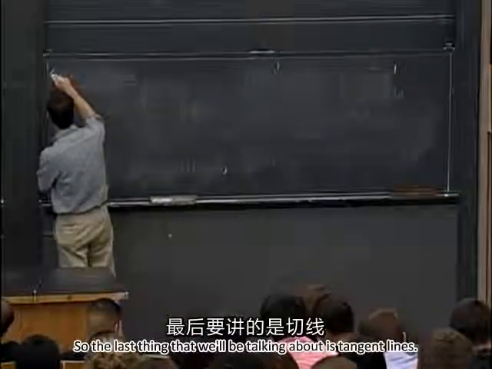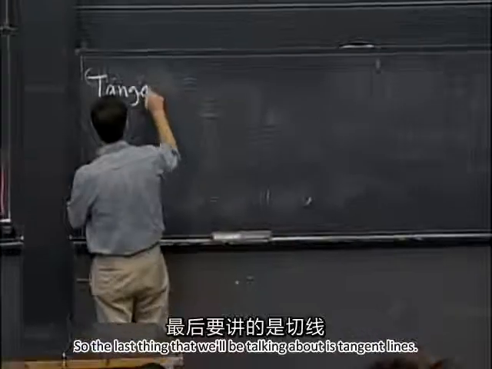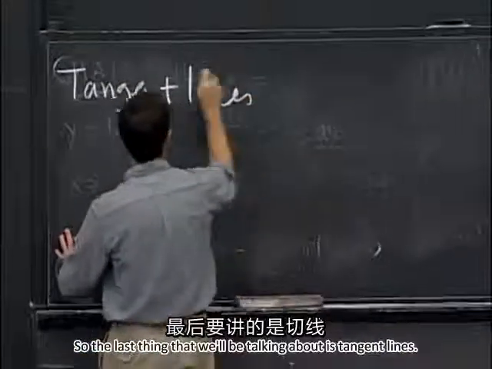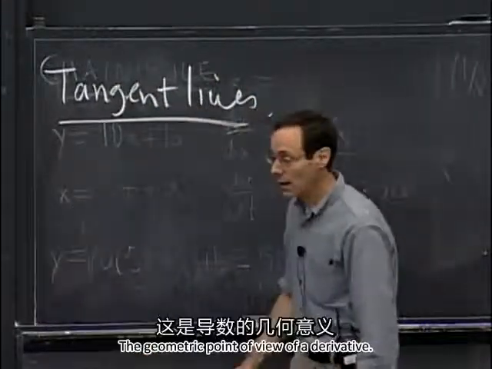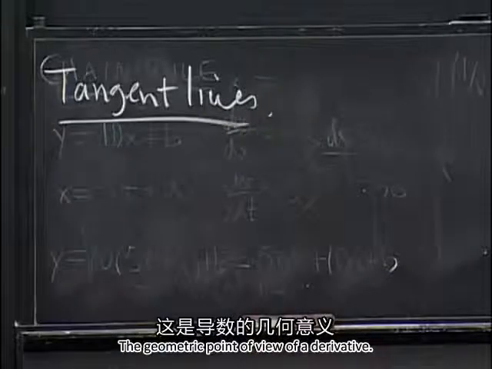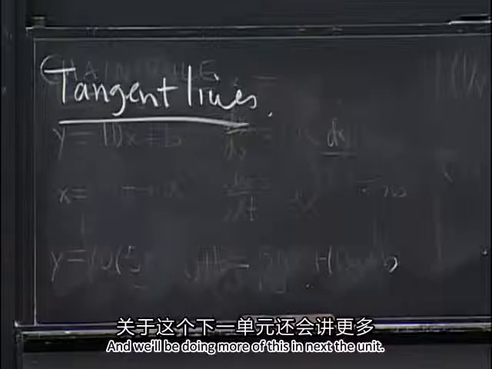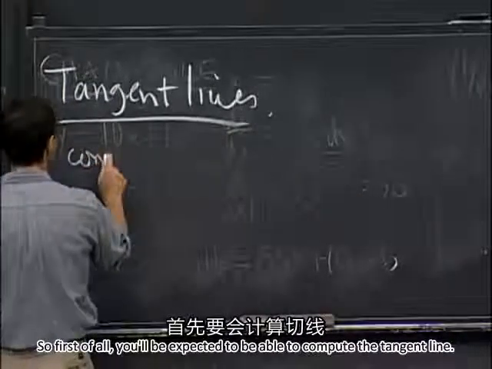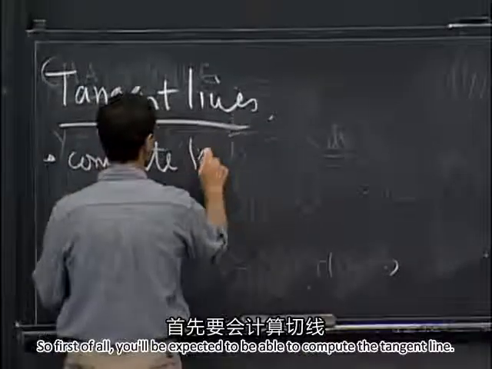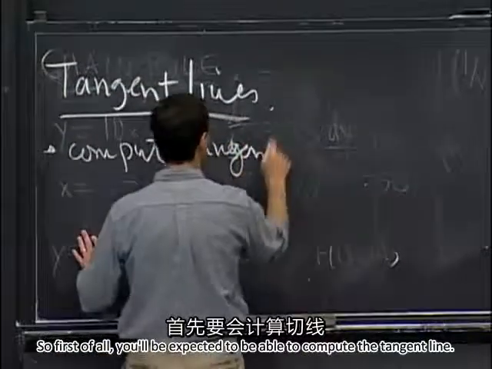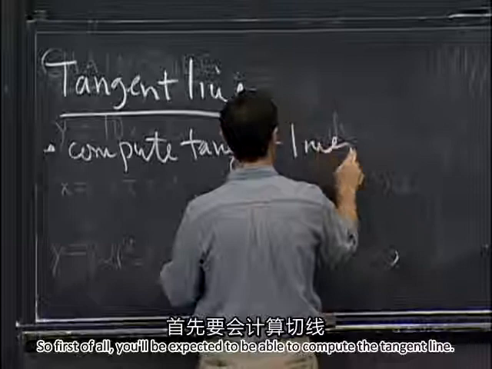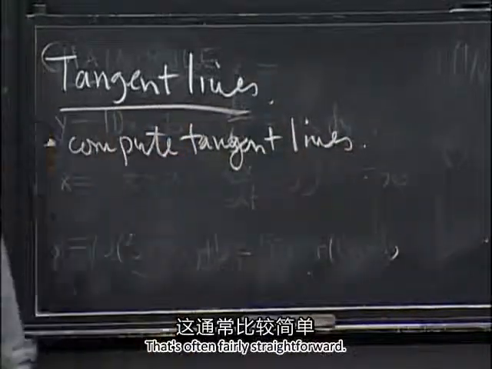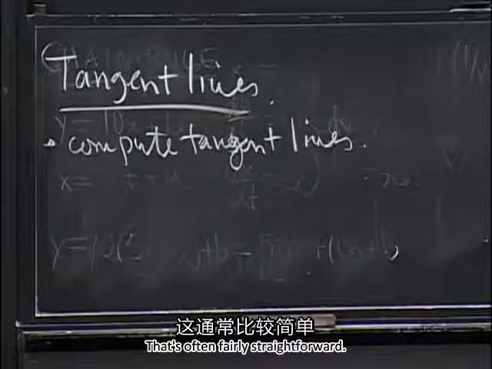So the last thing that we'll be talking about is tangent lines, the geometric point of view of a derivative, and we'll be doing more of this in the next unit. So first of all, you'll be expected to be able to compute tangent lines. That's often fairly straightforward.